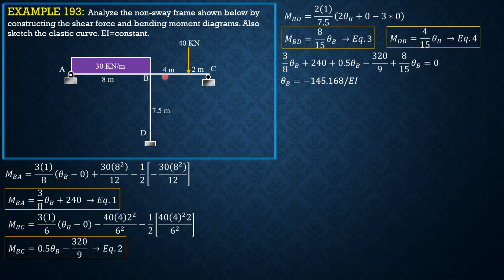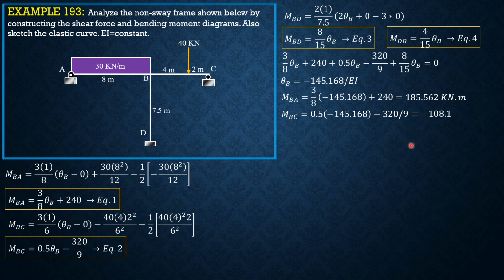Having found theta B, we can now compute the moments. MBA is equal to 3/8 of negative 145.168 plus 240, so MBA is equal to 185.562 kilonewton meter. MBC is 0.5 of negative 145.168 minus 320 over 9, so MBC is equal to negative 108.140 kilonewton meter.